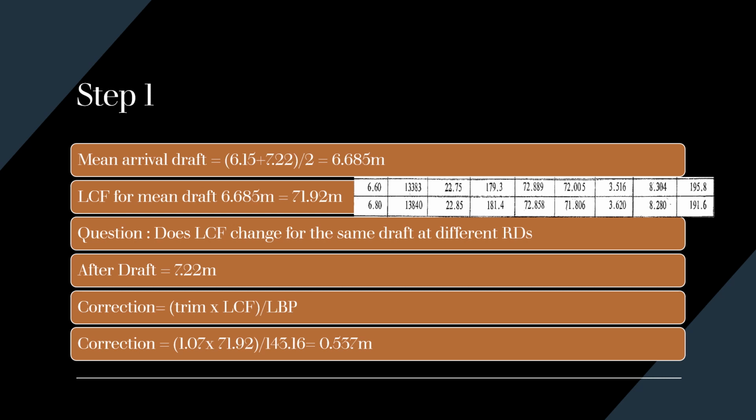And if you look at the sixth column, your LCF should be between 72.005 and 71.806. So do your calculations, do your interpolations, and now you get the LCF for the mean draft 6.685 meters is equal to 71.92 meters.